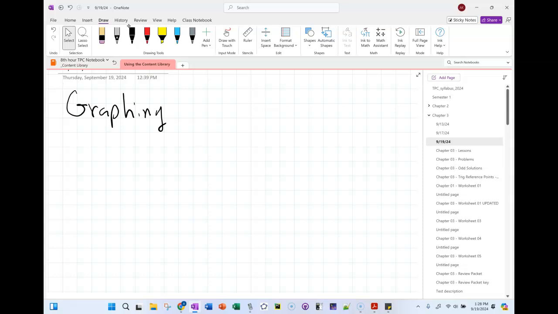So of those transformations, we only care about 3 of them. The one we won't deal with is the rotation. In your high school math class, no one's going to ask you to rotate a function via transformation.